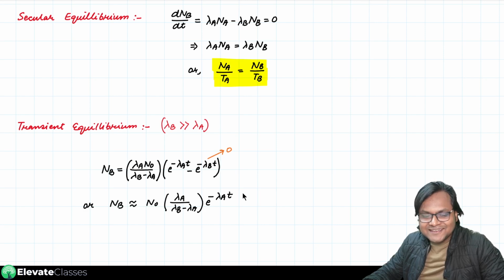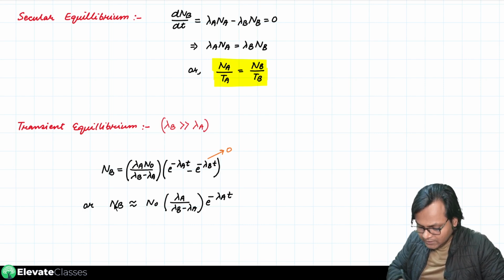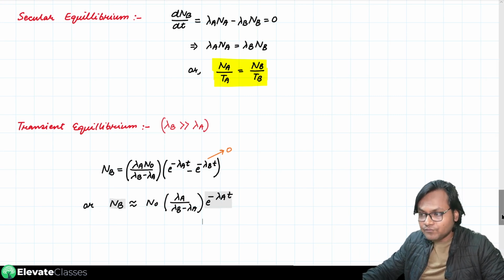Do you see what's happening? The intermediate daughter nuclei is decaying with the half-life of the parent nuclei, essentially.